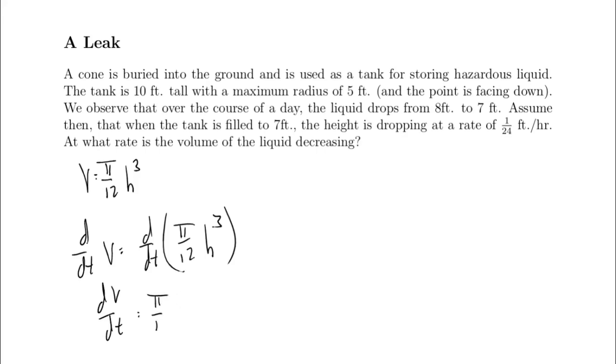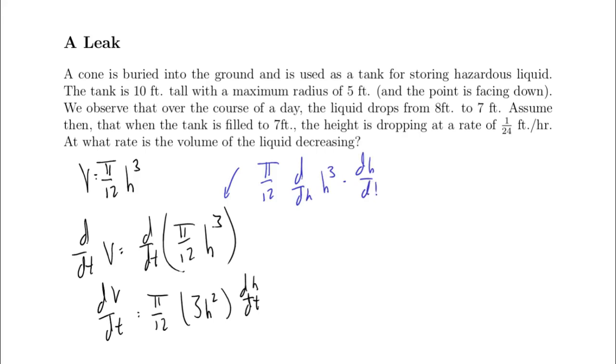And now we've got pi over 12 times 3h squared times dh over dt. We're using some chain rule here, right? What we're really doing is saying this is pi over 12 times d over dh of h cubed times dh over dt. All right, so all this to say dV over dt is really equal to pi over 4 h squared dh over dt.